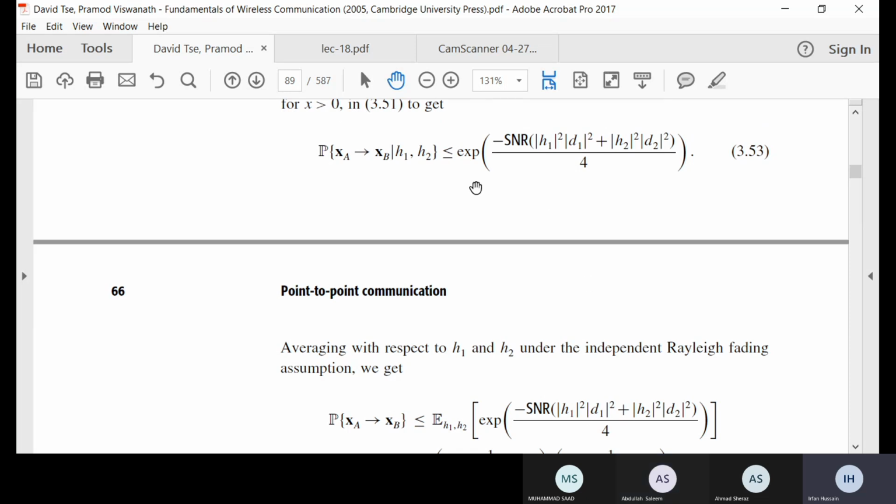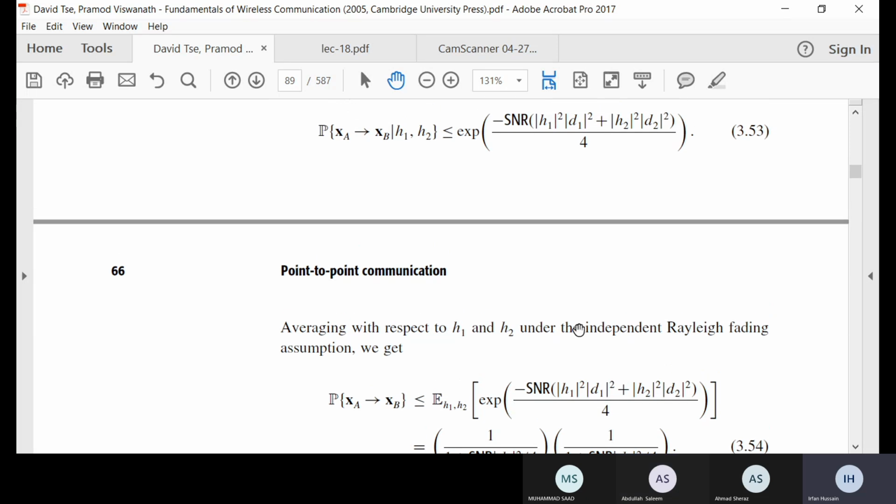So this is exponential, and then the channels, you know, are mod square. Now I assume that h1 and h2 are Rayleigh distributed. Our h were Rayleigh, if you remember. So I find its expectation.